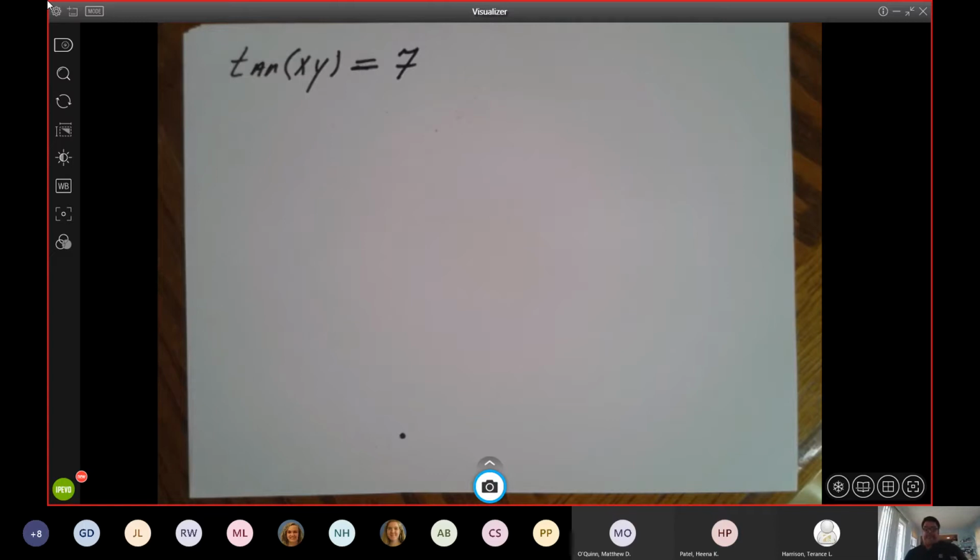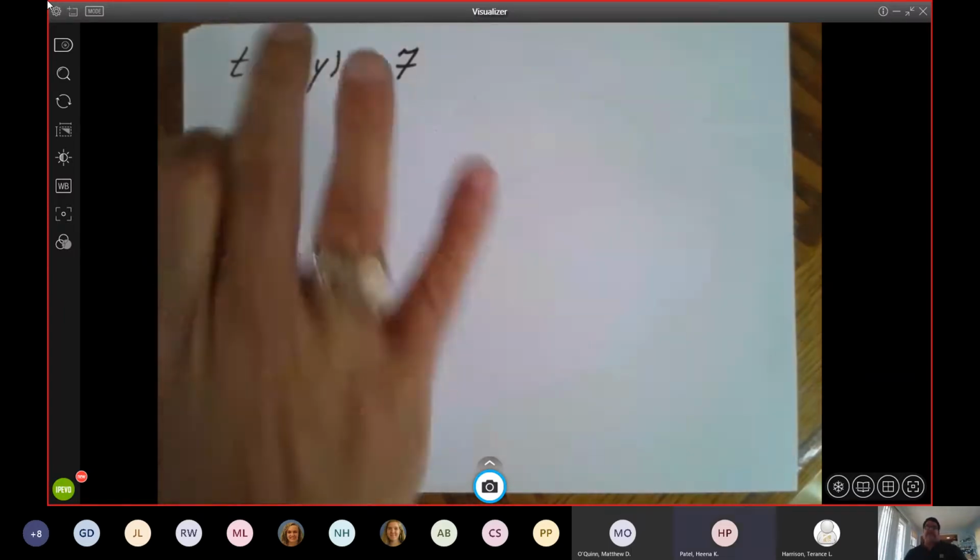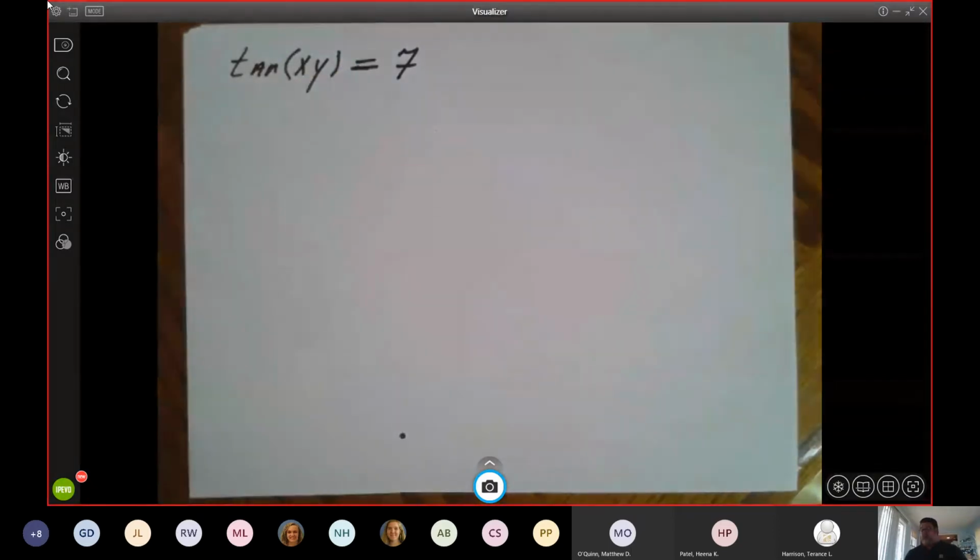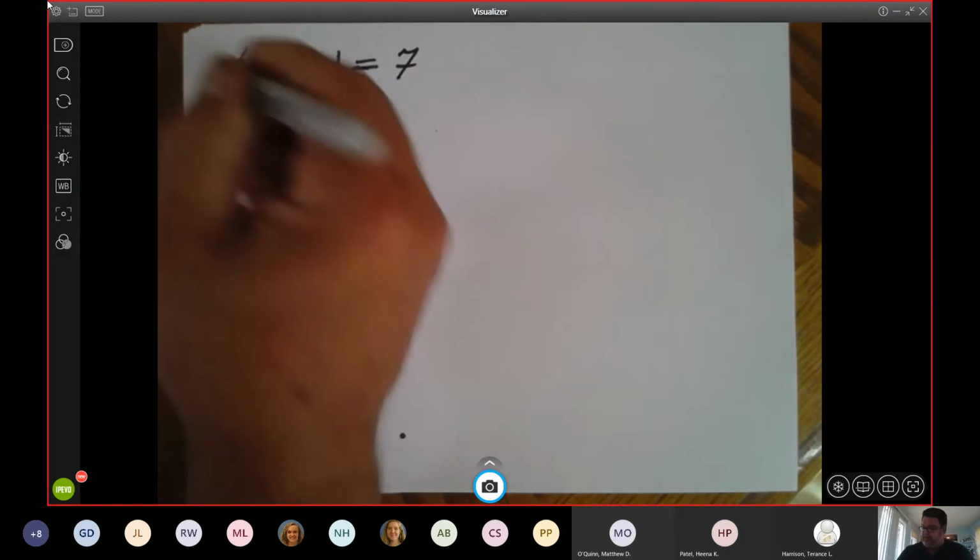That's it. Because it's implicit differentiation because it's xy, not x. If it was x, then it'd be secant squared, blah, blah, blah, but it's not set up like that. So what I'm going to do is I'm going to take the secant squared of xy, and I just took the derivative of tangent.